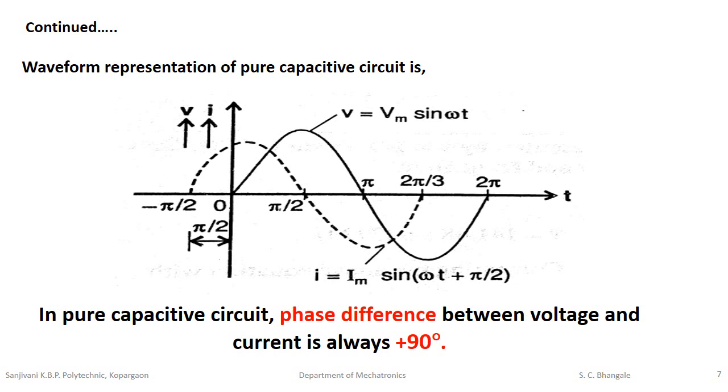If we look at this waveform carefully, we can observe that the origins of the two waveforms are at different positions, or different times. So we can say that in a pure capacitive circuit, the phase difference between voltage and current is always plus 90 degrees.